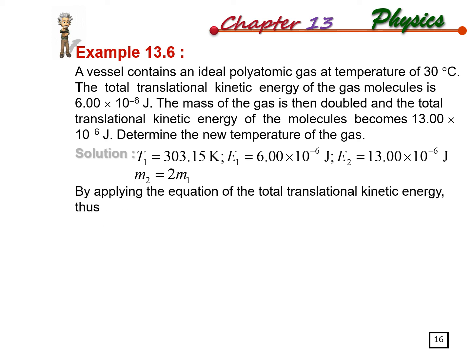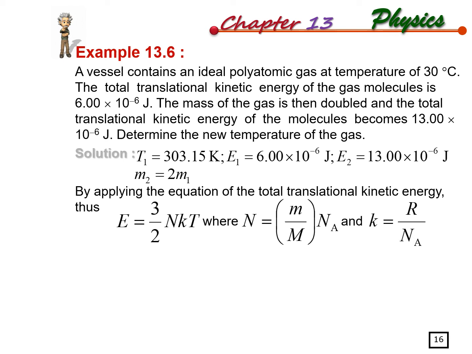We can apply the equation of the total translational kinetic energy, which is equivalent to 3/2 nkT, where n is equivalent to the ratio of mass over molar mass times the Avogadro constant, and k is equivalent to the ratio of R over the Avogadro constant.